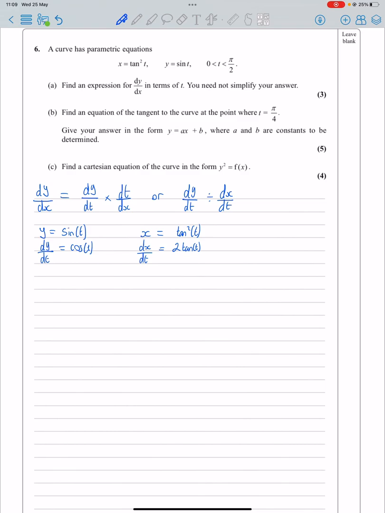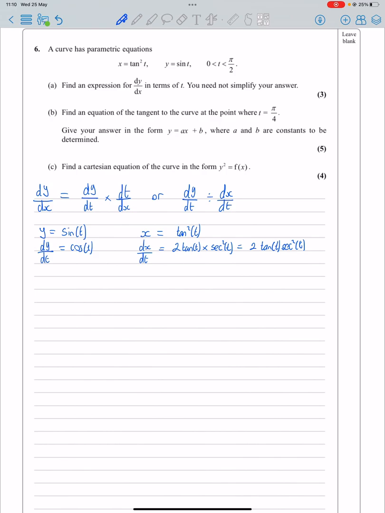And then we multiply that by the derivative of the inside function, the derivative of tan t, and tan differentiates to sec squared, so times sec squared t. Remember, guys, this is chain rule. So to simplify, it is 2 tan t sec squared t.